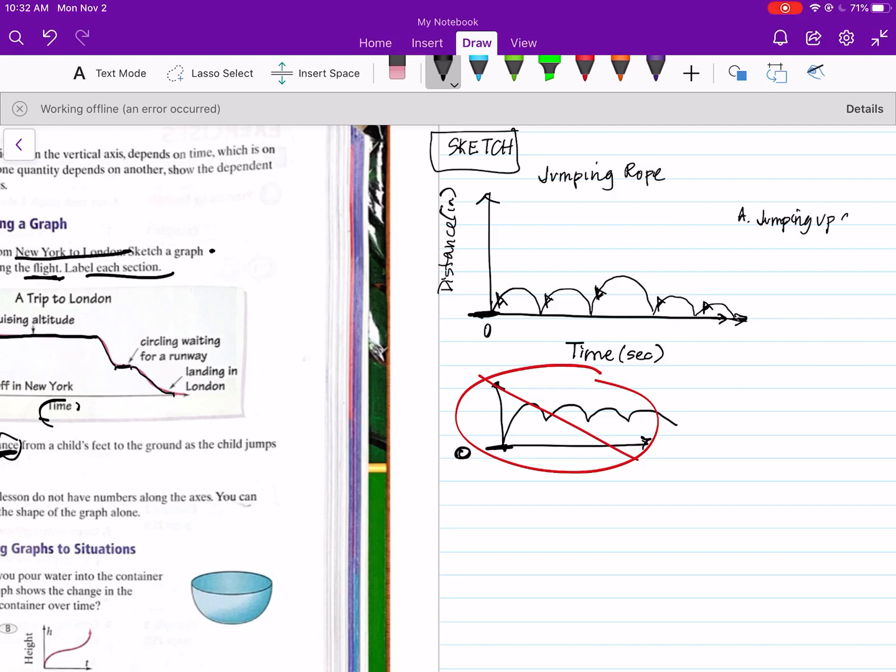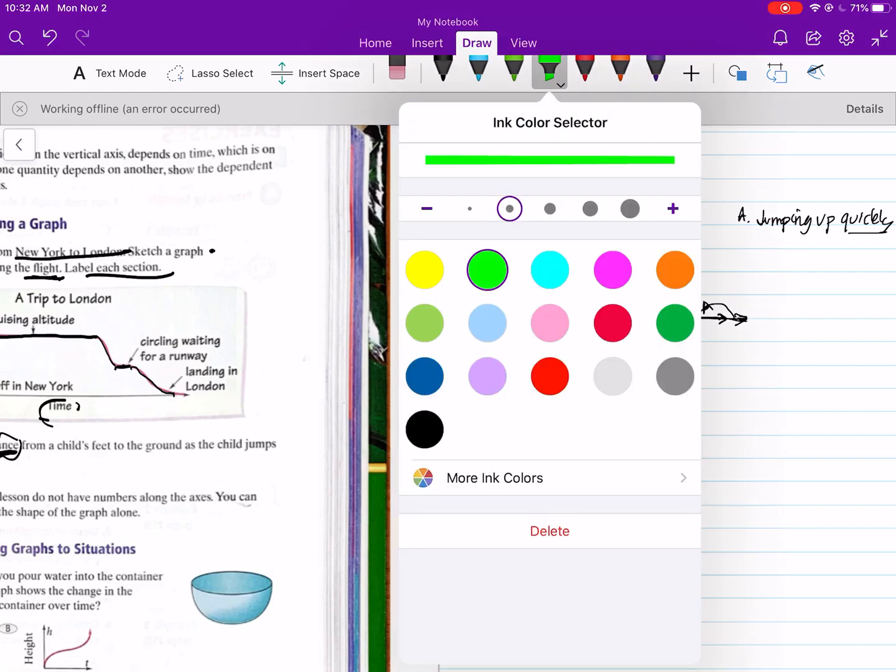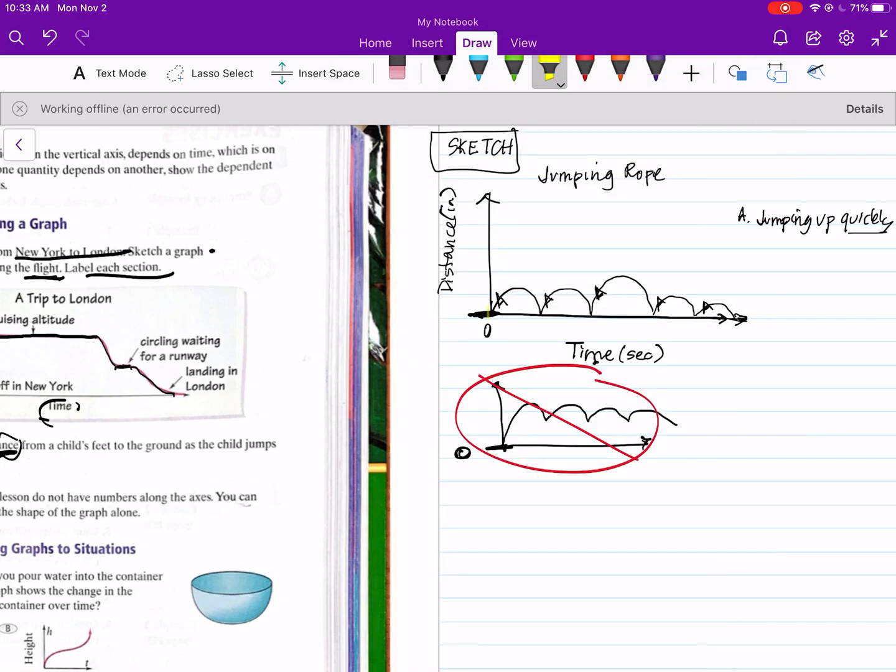And they're doing it quickly. And I put the word quickly there because it relates to time. They're jumping up in the air quickly, okay? And so that's this part here. And let's pick up a yellow. And let's say all of these are yellow.